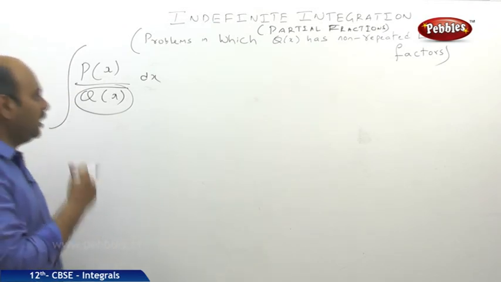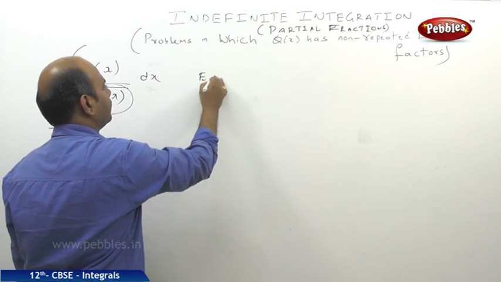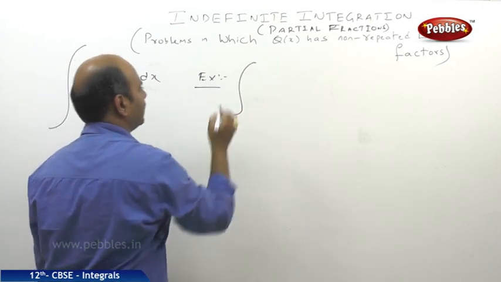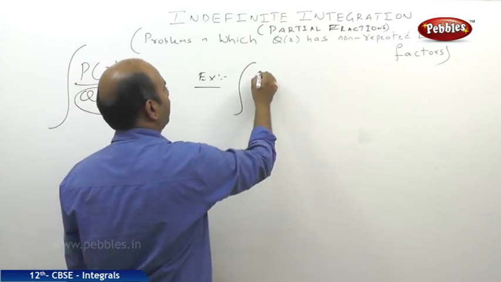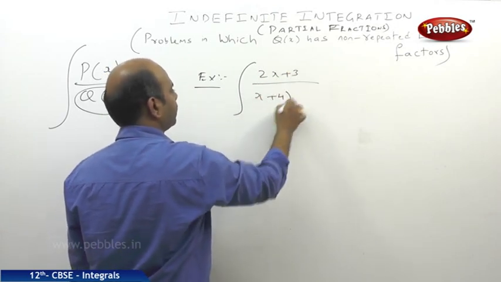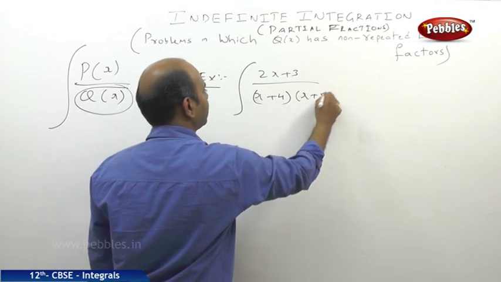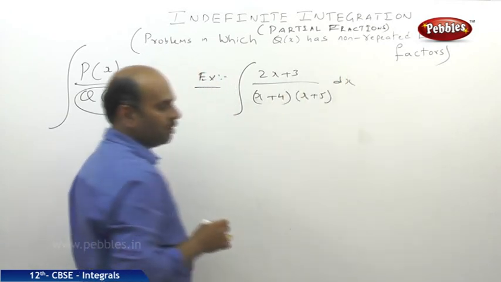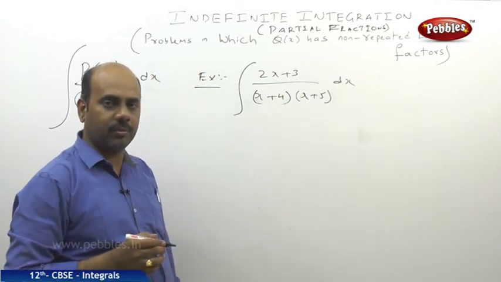So if I go by an example, a problem will be given like this: evaluate the integral of 2x plus 3 divided by x plus 4 into x plus 5 dx. We need to solve this kind of problem.